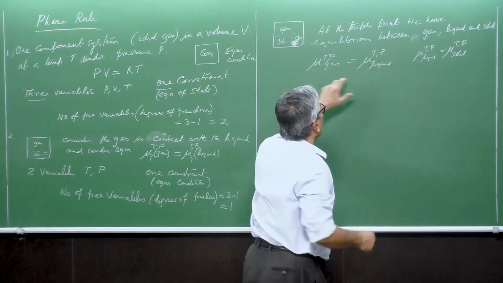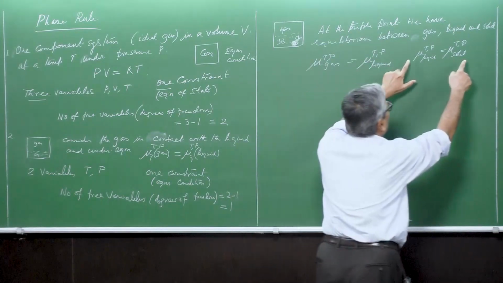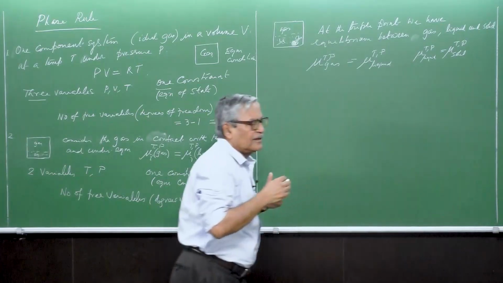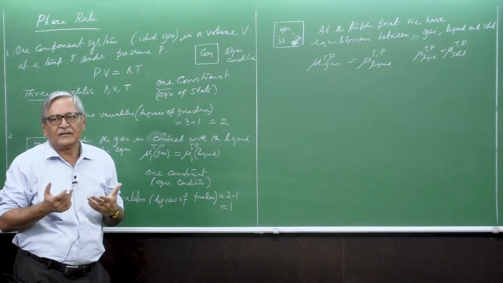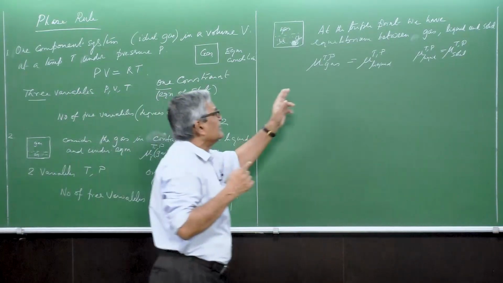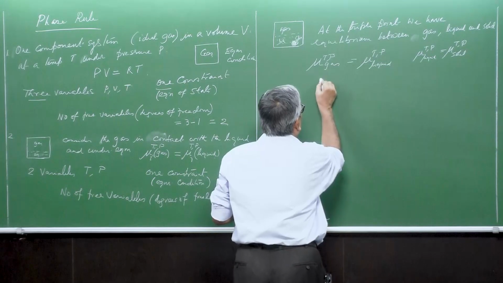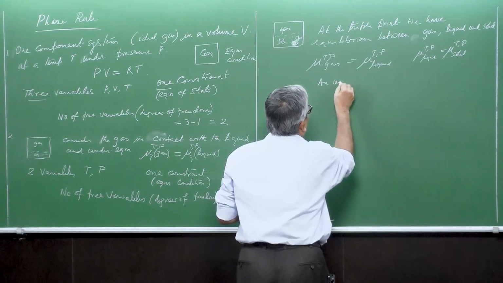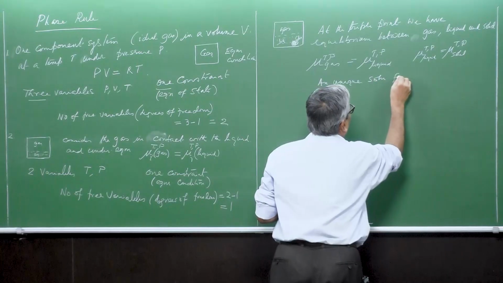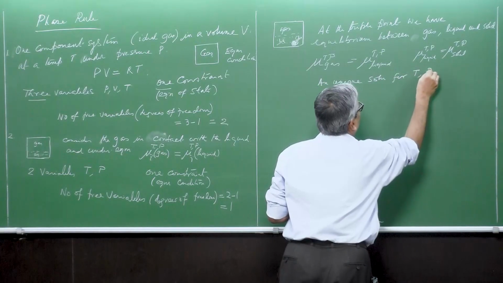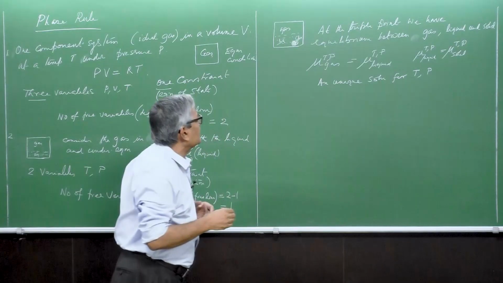This is one equation, and this is another equation, where we have two unknowns, T and P. If you solve it, it has a unique solution for T and P. That is the triple point. Basically, that indicates a triple point.